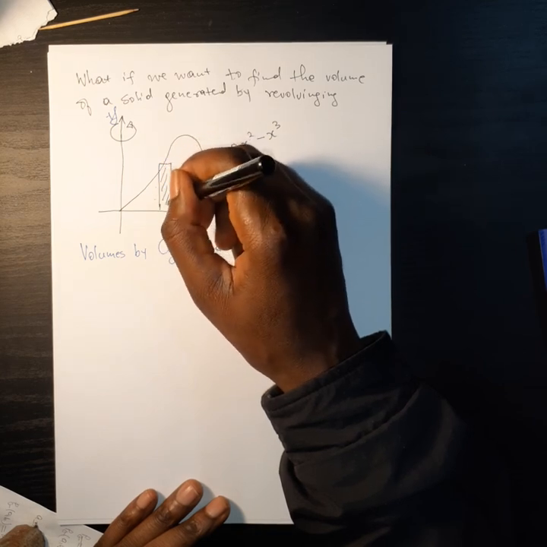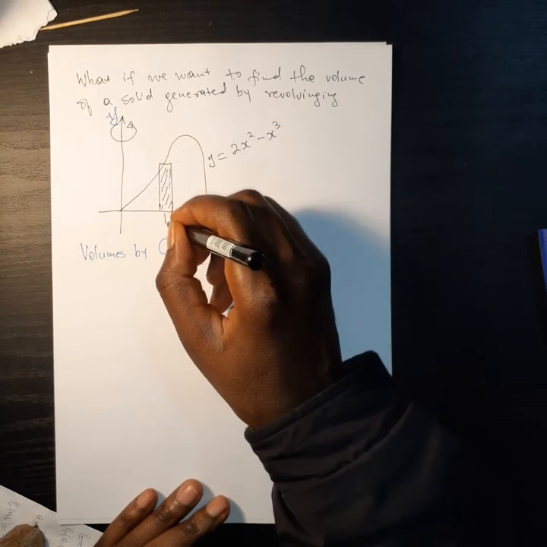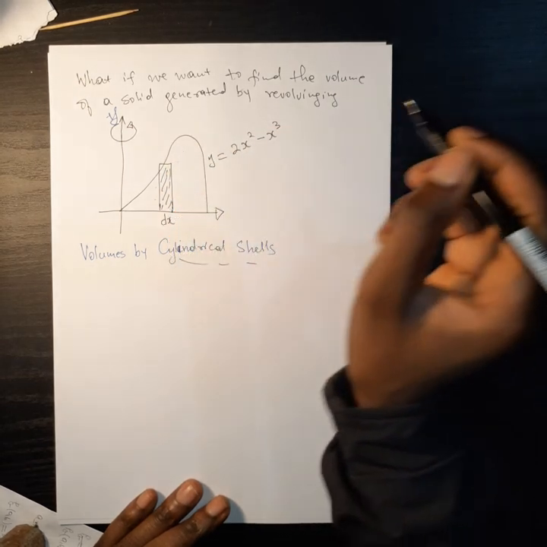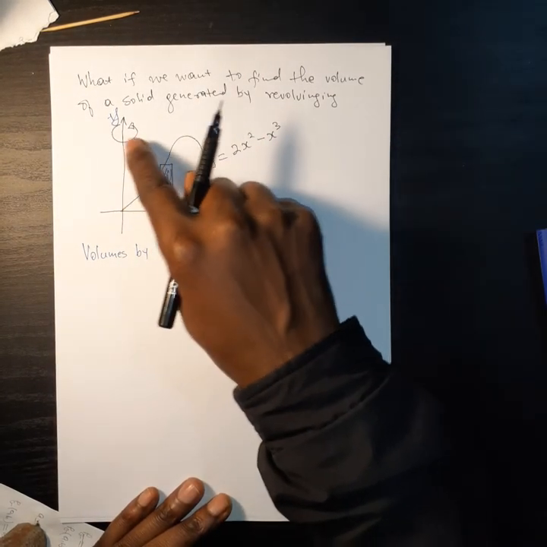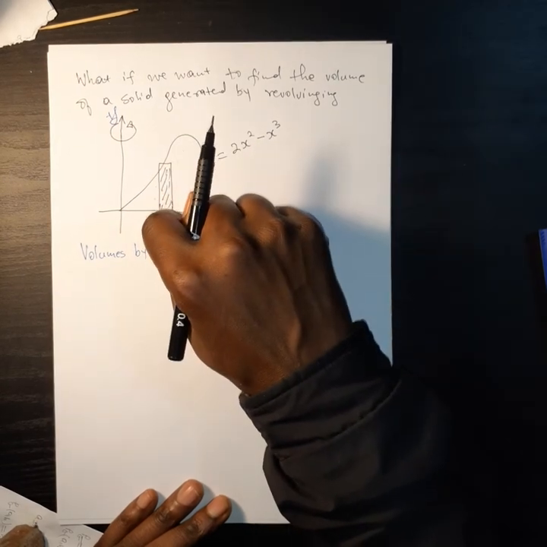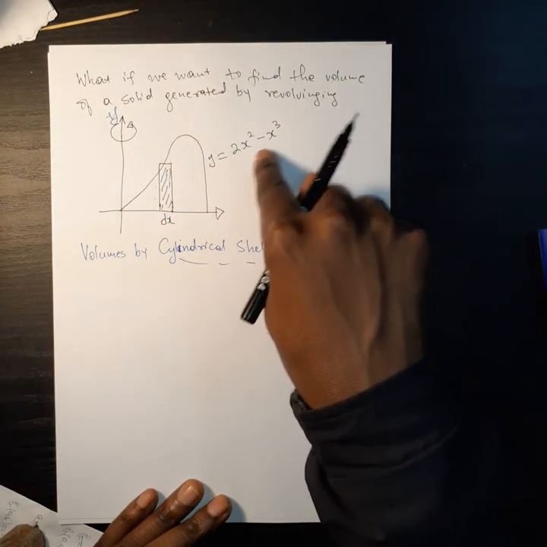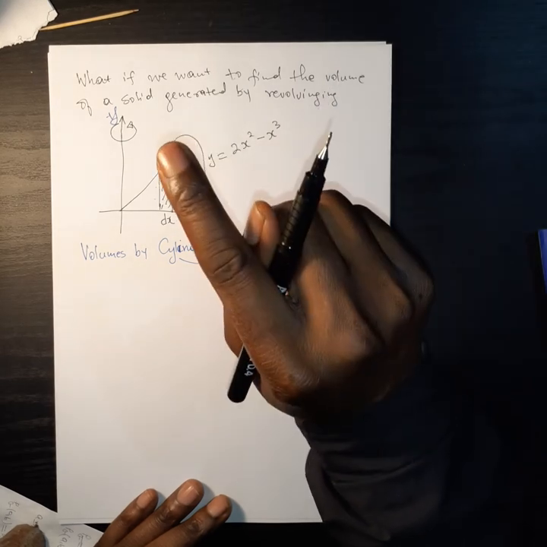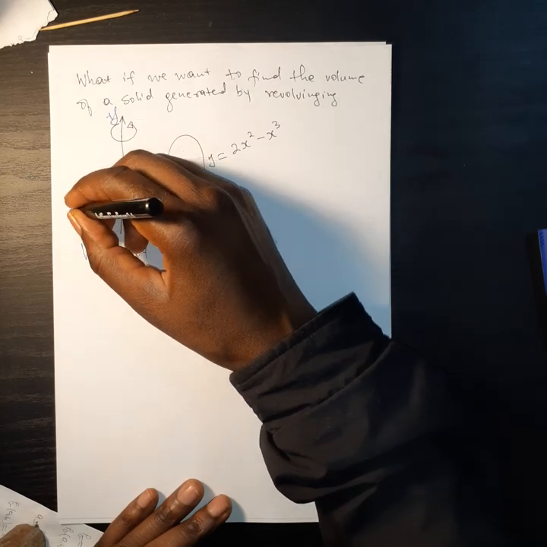So if we draw it parallel to the axis of rotation, it is telling us that we are going to integrate with respect to x. All right, parallel. Perpendicular, it's with respect to y. We want to integrate with respect to x because we don't want to have to worry about making x subject of the formula here.